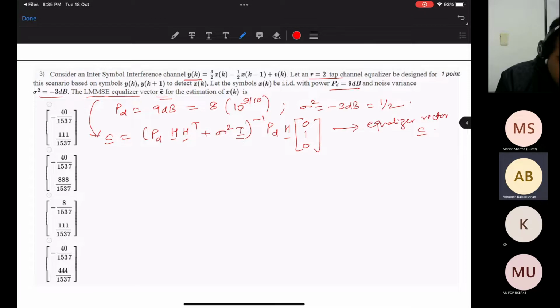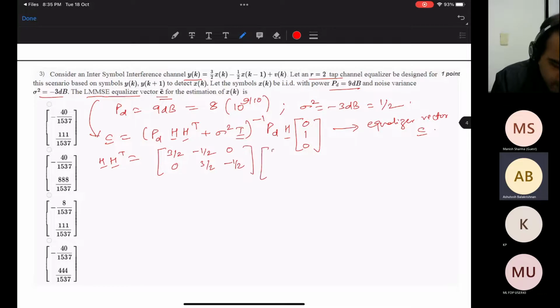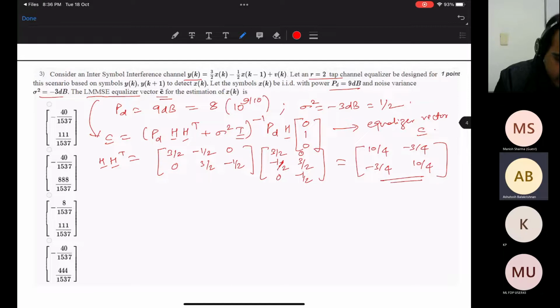Let's solve this. First we'll do H H transpose. You have the matrix 3/2, minus 1/2, 0; 0, 3/2, minus 1/2, times its transpose, and if we solve this we have 10/4, minus 3/4; minus 3/4, 10/4.